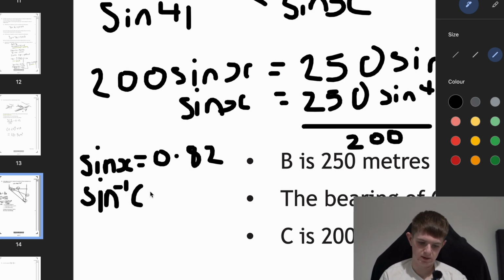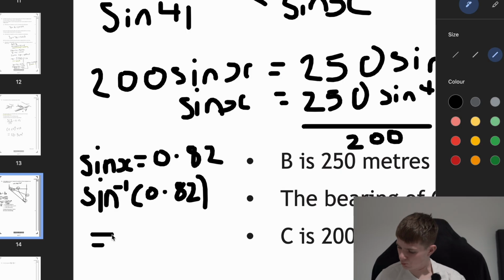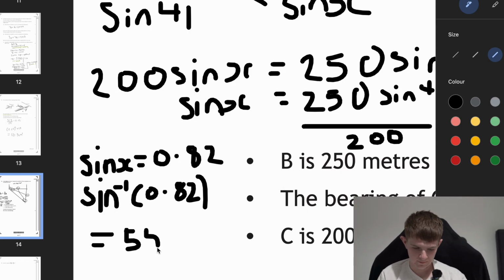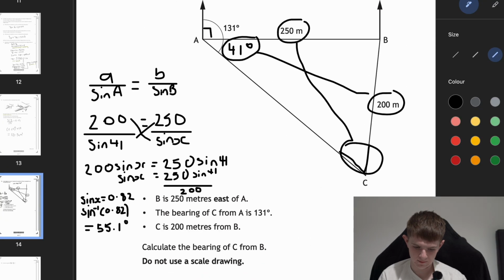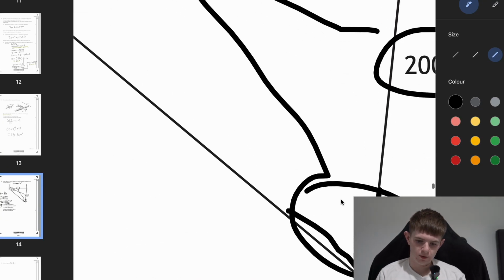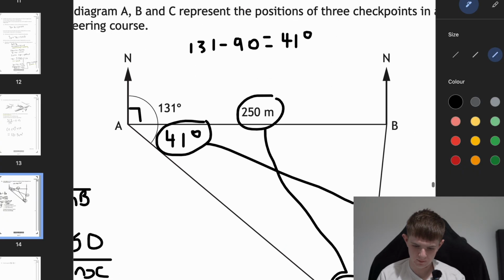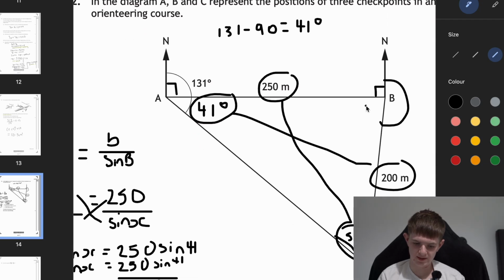So sine^-1 of 0.82. And this is going to get us 55.1 degrees. Now we know that in here we've got 55.1. We are trying to find this angle essentially. We know that in here is 90.